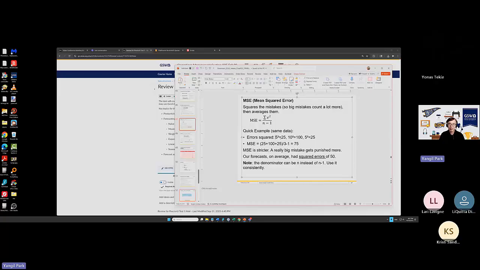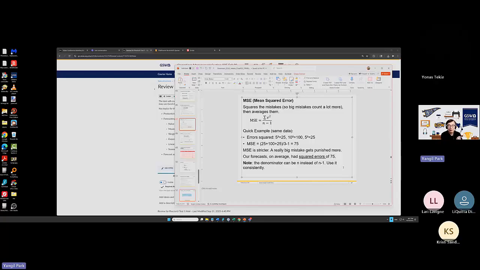Again, same example, you find the squared error, then you divide by n-1 in this example, and you get 75. So how are we going to interpret it?